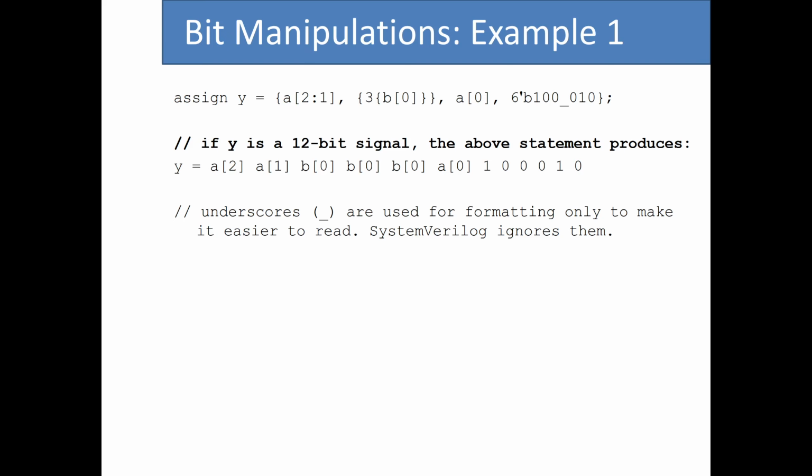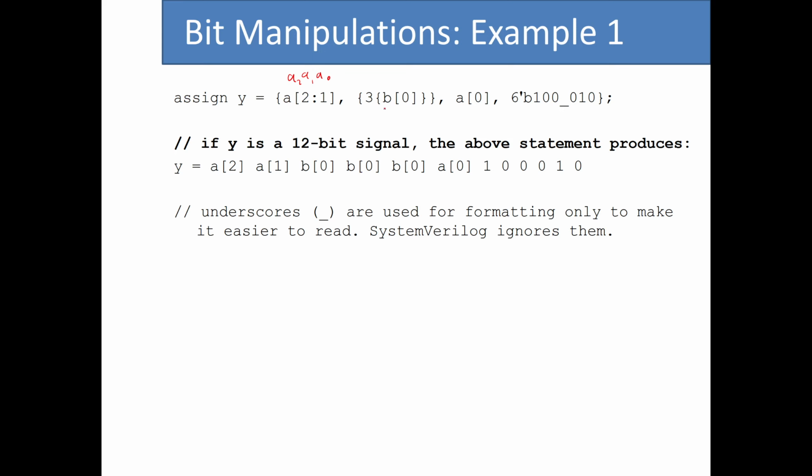So now that we have seen this, let's go over some more examples using SystemVerilog. The first example is bit manipulation. Let's say we have some binary numbers that we want to combine and define as one single variable. Let's say we have variable A that has 3 bits, so A2, A1, and A0.